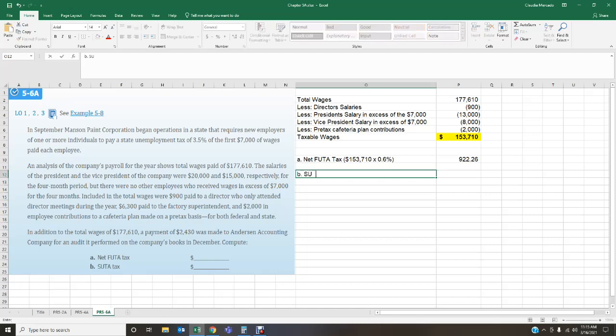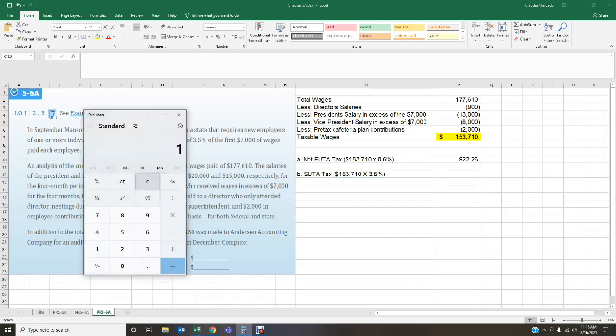Okay. Now we can calculate our SUTA tax. For my SUTA tax, we're going to get the 153,710 and we are going to multiply that by my rate, and the rate given here was 3.5%. Okay. Let me put parentheses here. That way, this is the formula. Here we go. And then I'm going to get my calculator out. 153,710 times 3.5%.